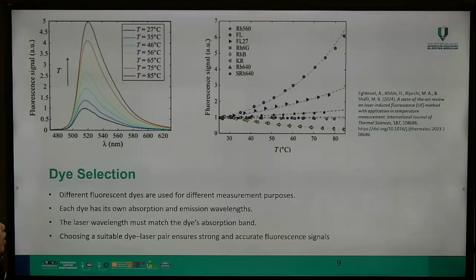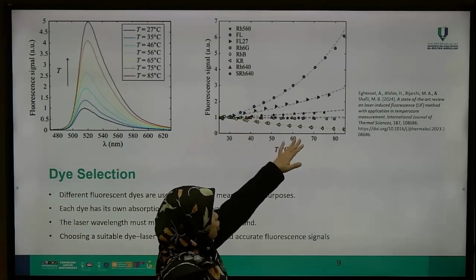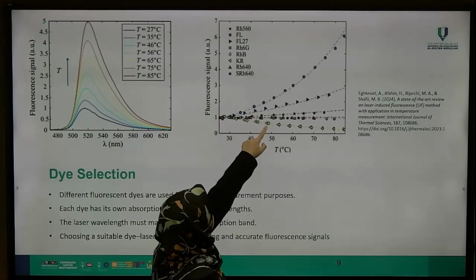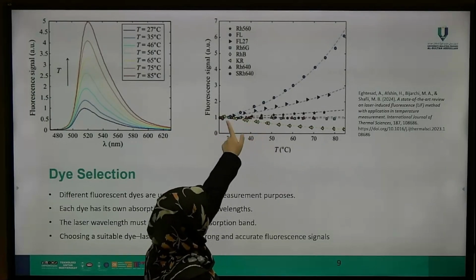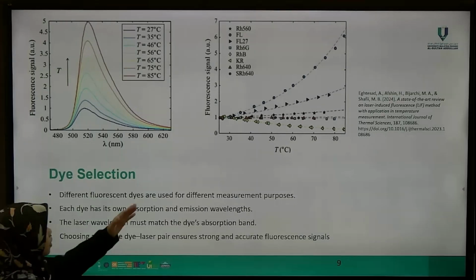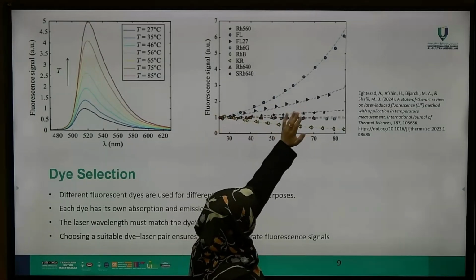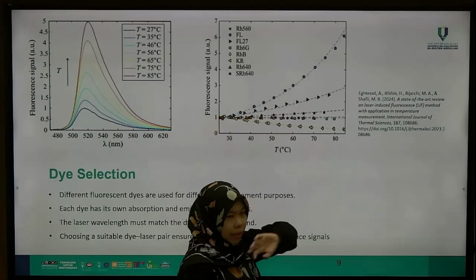Don't be surprised when you get the result as decreasing. It's totally fine, let's say for rhodamine B and also for the QR. So another one is you can check what we call the accuracy, or the larger the trend, the larger it goes up or the larger it goes down, the better.